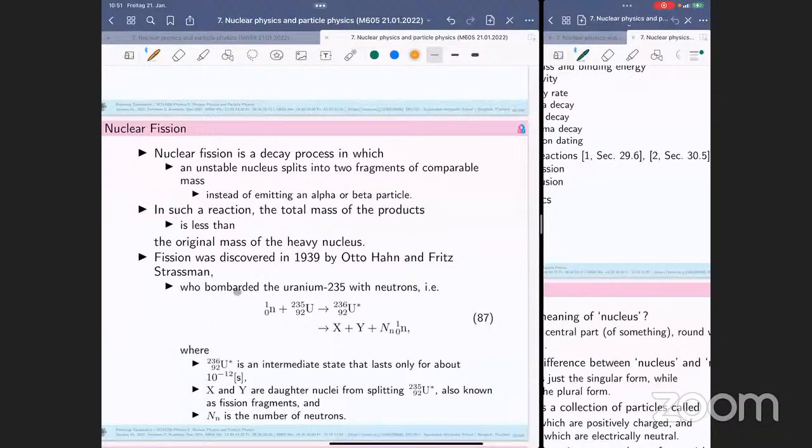These two physicists accelerated a neutron, and the neutron hit the uranium-235. Of course, once you add one more nucleon, the nucleus gets bigger. The size of the nucleus is bigger, but it stays in the star notation.